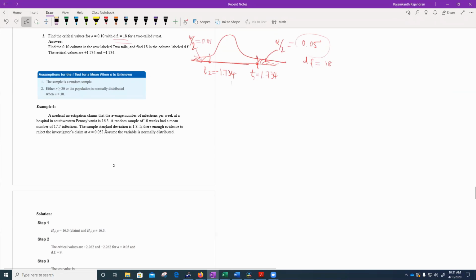Why do we have sample standard deviation instead of population standard deviation?